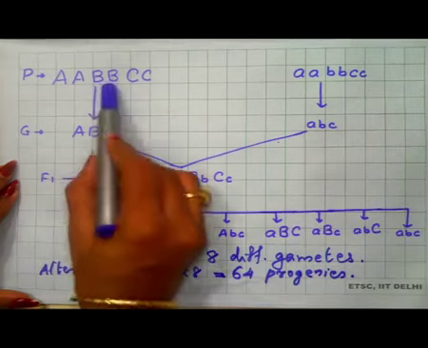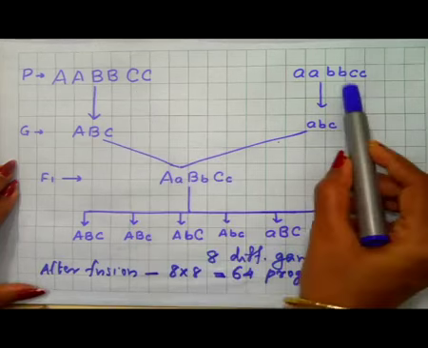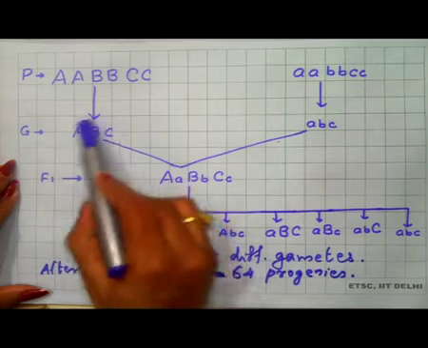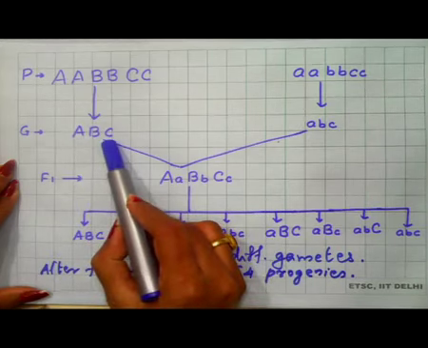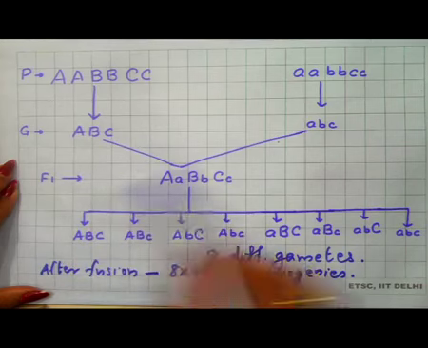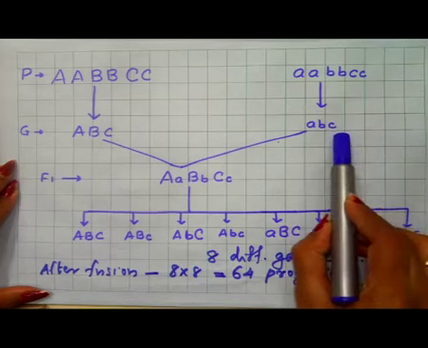So, 3 pairs of separate independent genes are controlling the phenotype in both the cases. This is the gamete produced here, capital A, capital B and capital C. Here the gamete is small a, small b and small c.